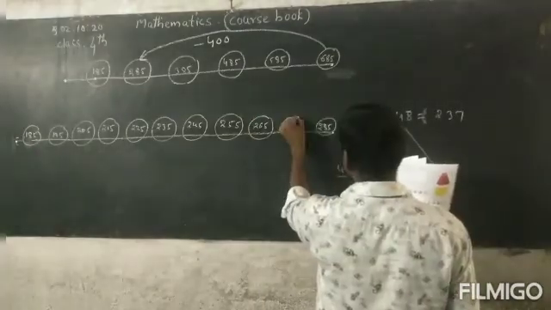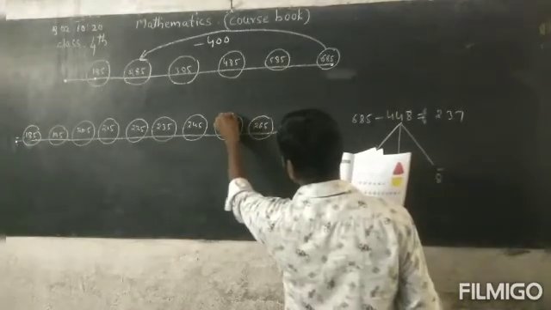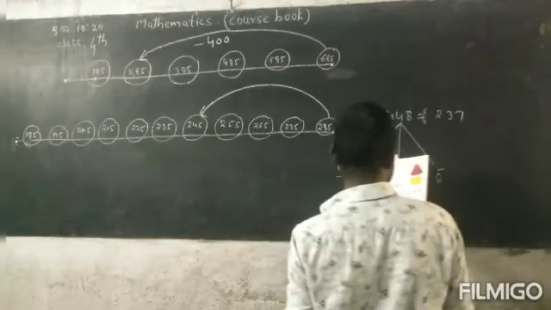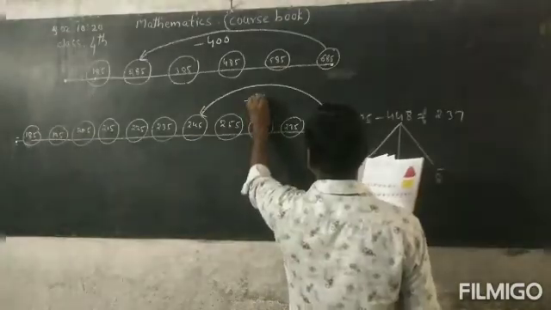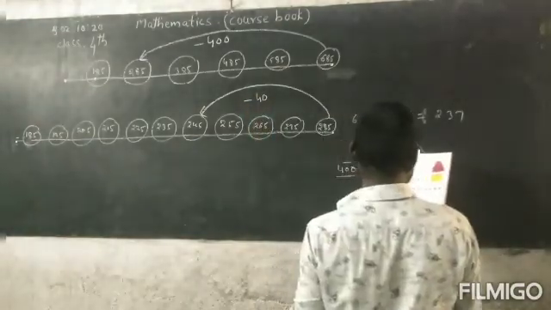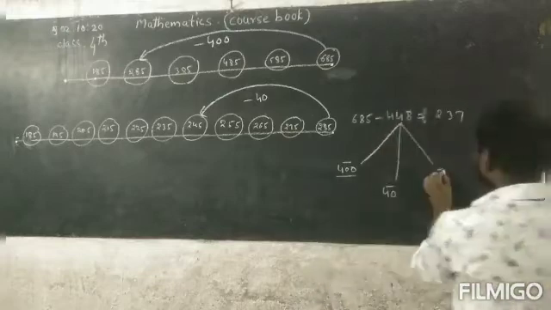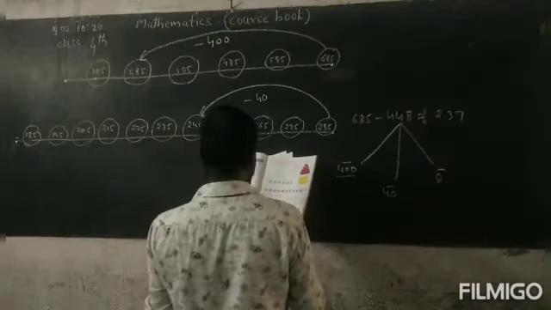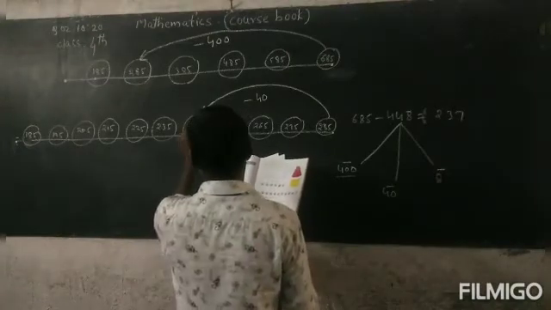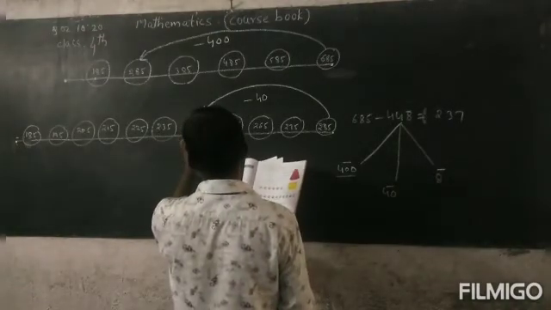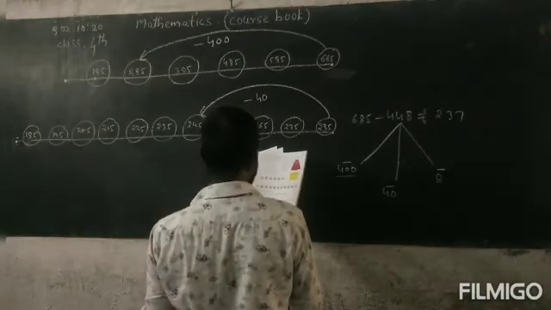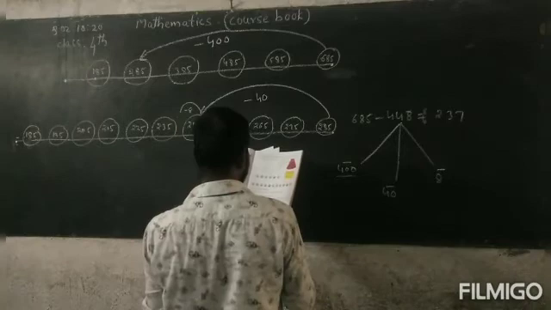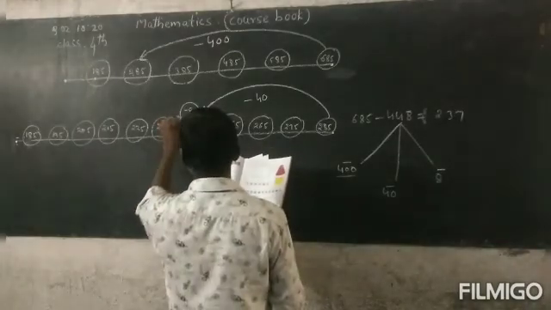This is first step, second step, third step, fourth step. So minus 40. Next minus 8, means here 245, 235, minus 8. What do we get, beta?